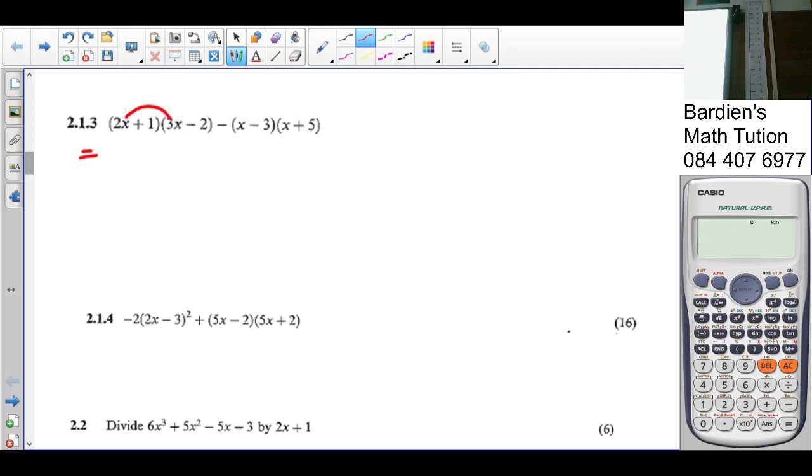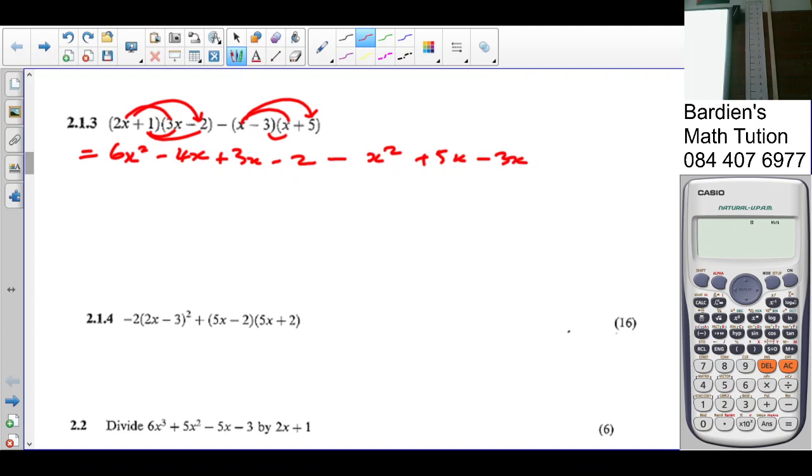So 2x times 3x, 6x squared. 2x times negative 2, negative 4x. 1 times 3x, 3x. 1 times negative 2, negative 2. Minus x times x, x squared. X times 5, 5x. Negative 3 times x, negative 3x. Negative 3 times 5, negative 15.